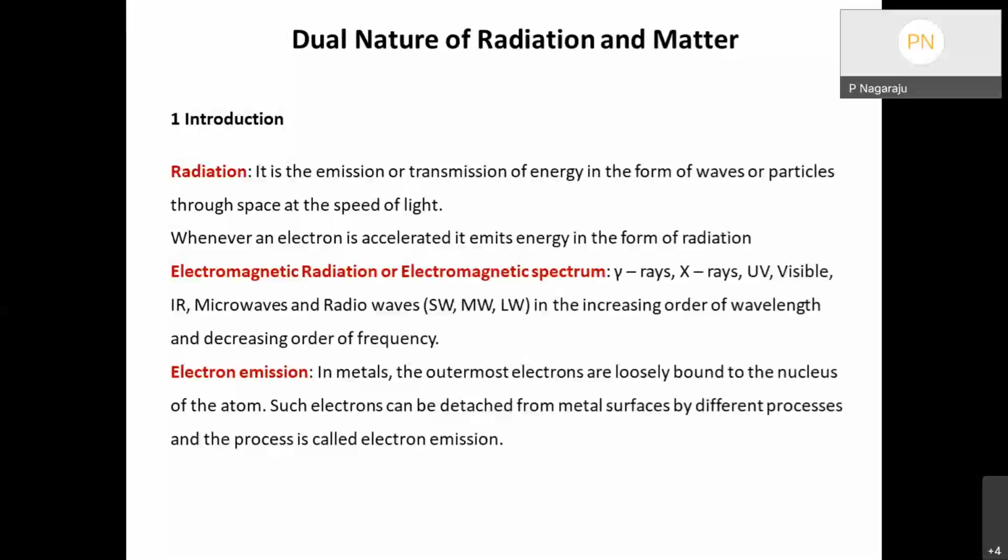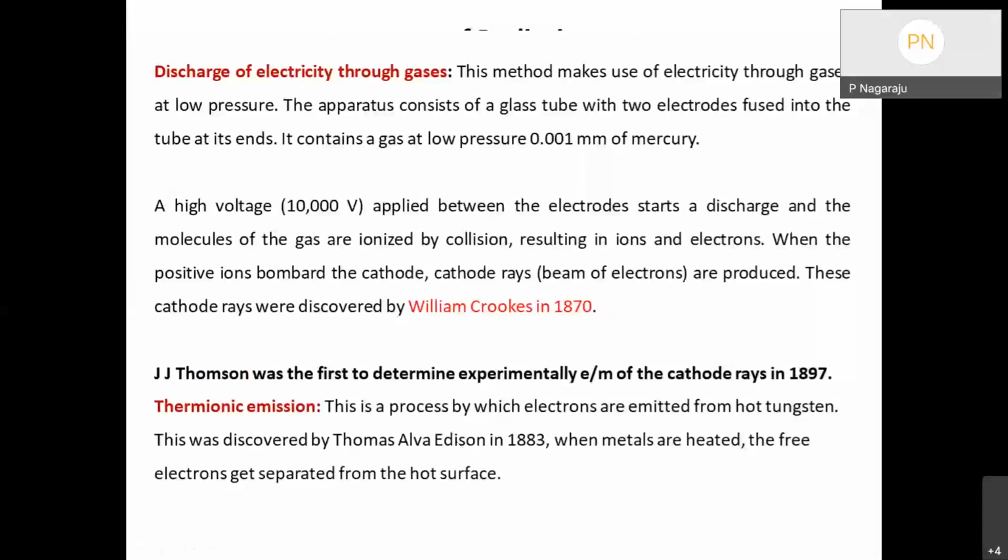So now, according to the syllabus, we have got electron emission. You know that in metals, the outermost electrons are loosely bound to the nucleus of an atom, and such electrons can be detached from metal surfaces by different processes, and the process is called electron emission.